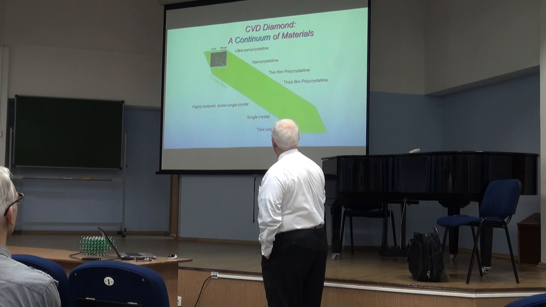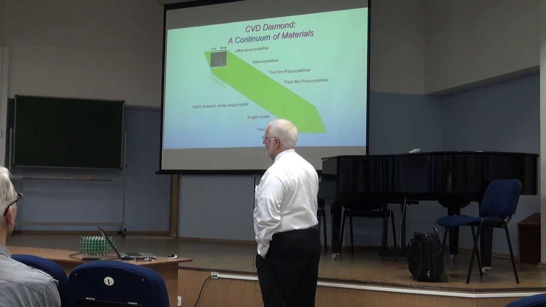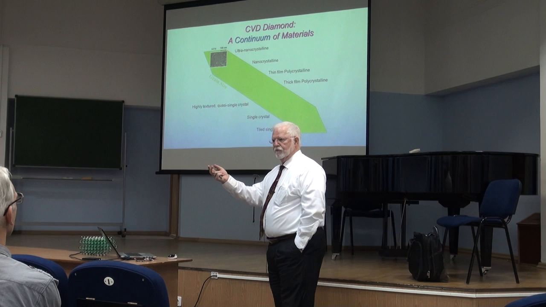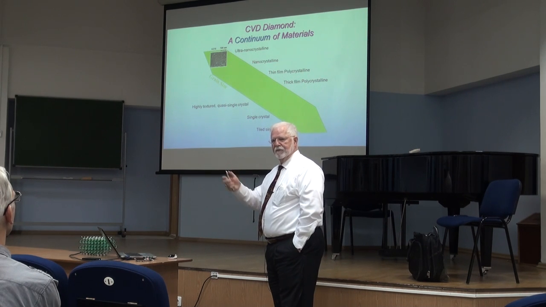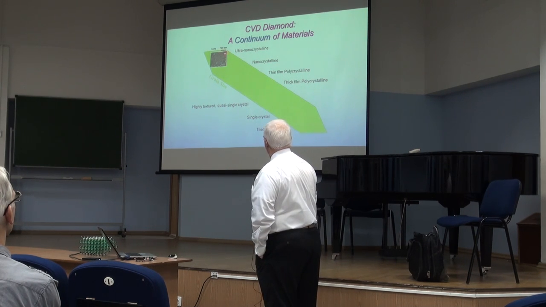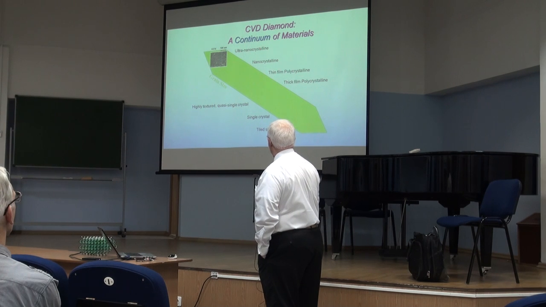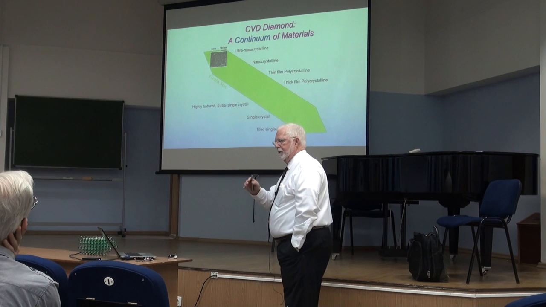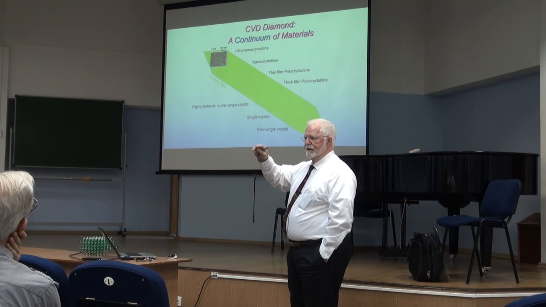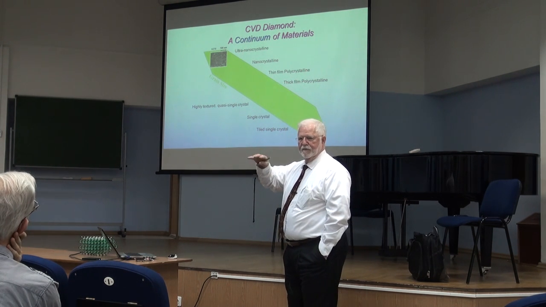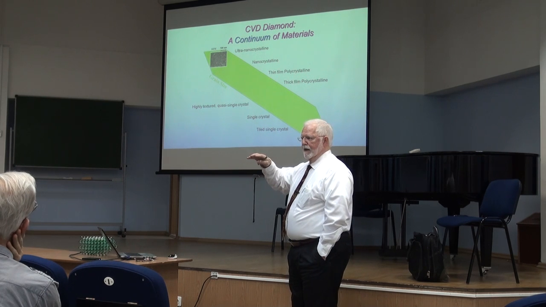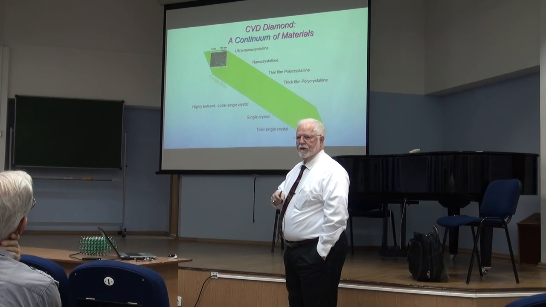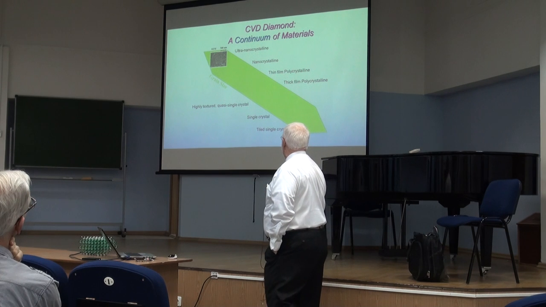So if I start with a substrate that has, say, 2 nanometer diamond seeds, these Russian explosively detonated diamonds that we use, and you grow under a certain chemistry, you can actually grow what we call ultra nanocrystalline diamond. It's a thin film that's 98% diamond, it has a little bit of amorphous carbon in it, and the grain size is controlled to only about 10 nanometers in size.